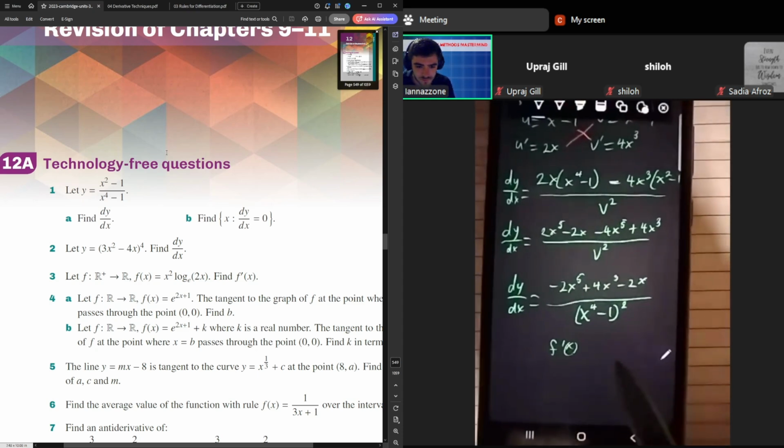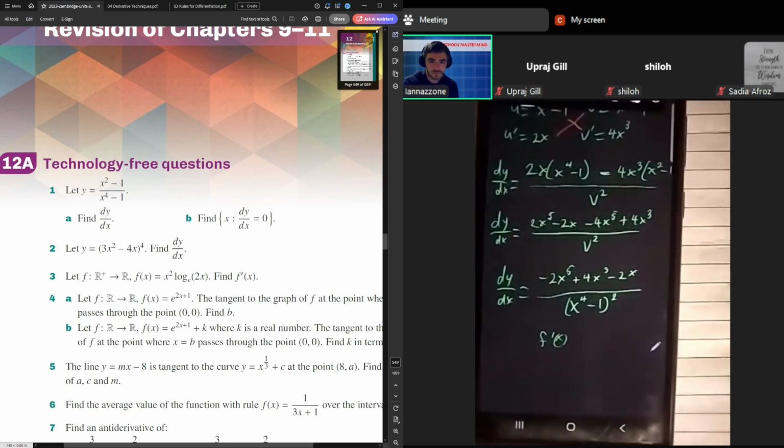Anything to clarify there? If not, start having a think about part B, which is find dy on dx equals 0.